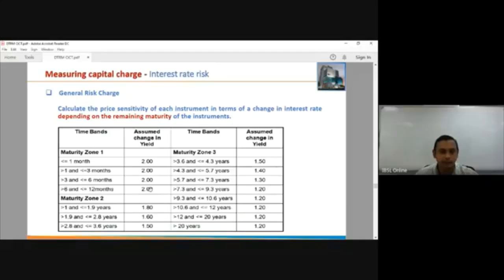So the general risk charge is the difference between the new market value, 95, and the original market value, 90. So 95 minus 90 is 5. So 5 rupees, or 5 million, or 5 billion, that is your capital charge for general risk.